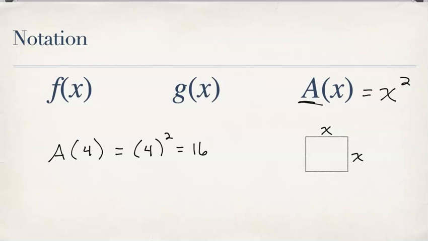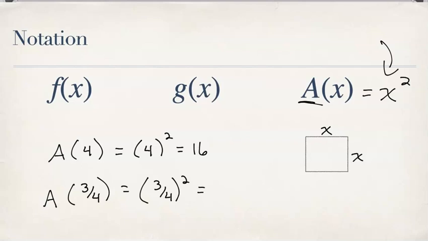Well, what if instead of a side length of 4, I have a side length of 3/4? Well, I would take 3/4 as my input now. I would put it into this area function. Say 3/4 squared. Remember, you square the top, square the bottom, and you come out with 9/16. Okay, so depending on what your input is, that's going to determine your output.